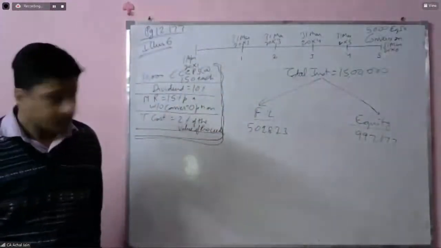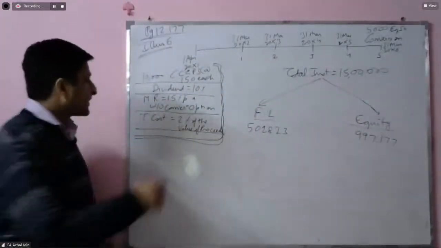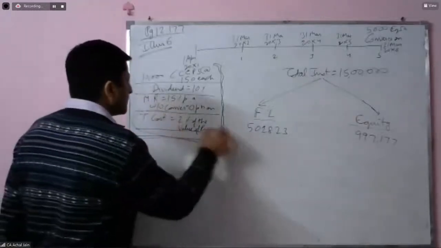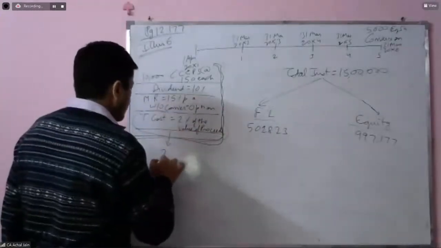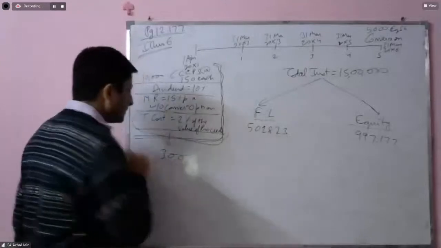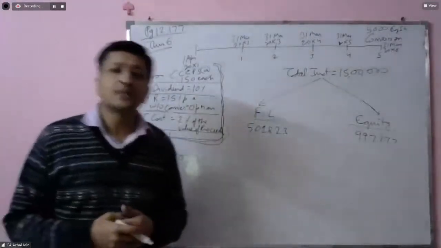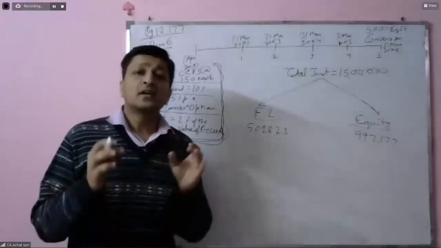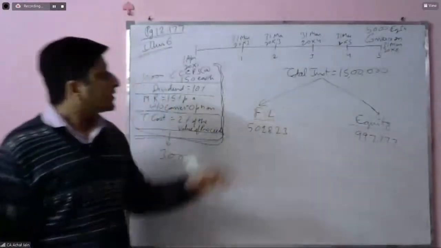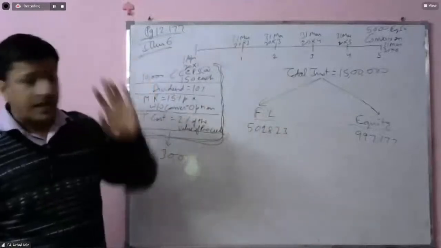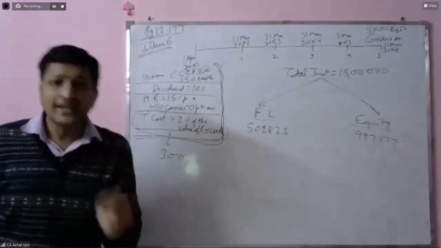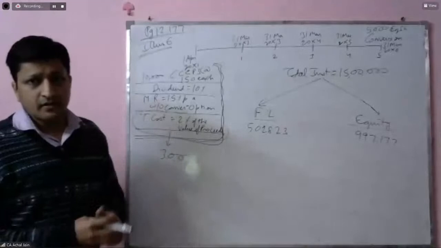And the total cost which has been incurred for issuance of this instrument is what? 30,000. So we have incurred 30,000 for issuance of this instrument. So that means for 15 lakh, 30,000 has been incurred.